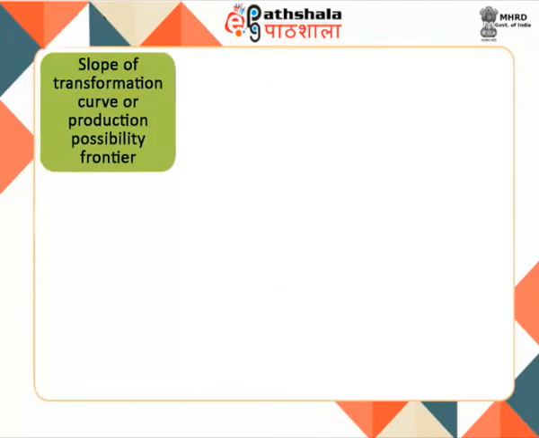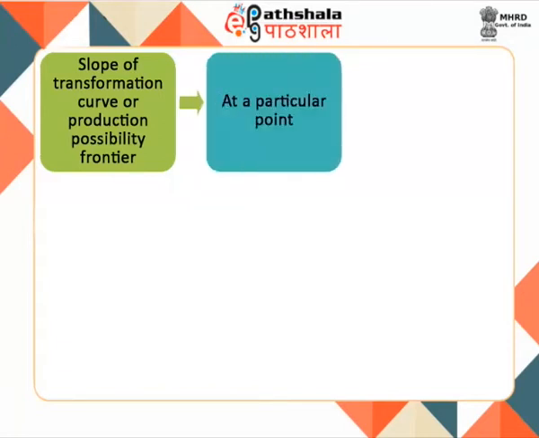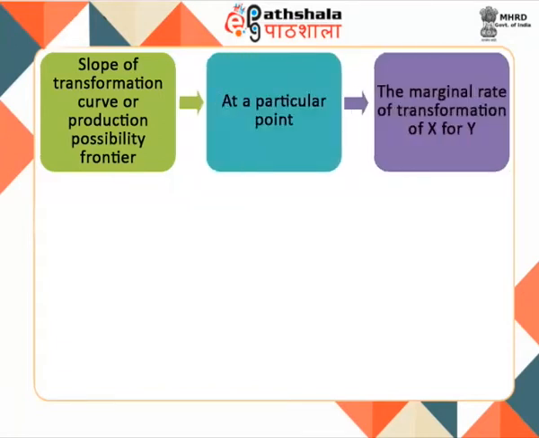The slope of the transformation curve or production possibility frontier at a particular point gives the marginal rate of transformation of X for Y, MRT xy, at that point.